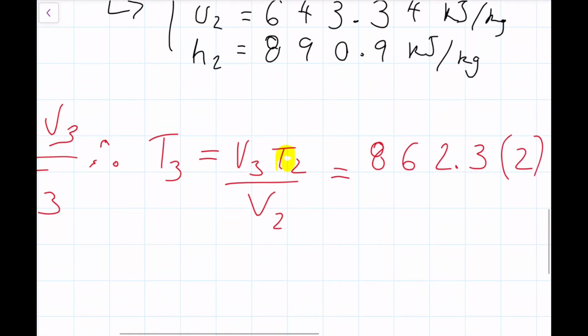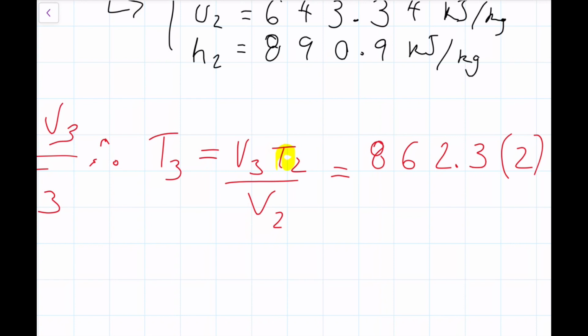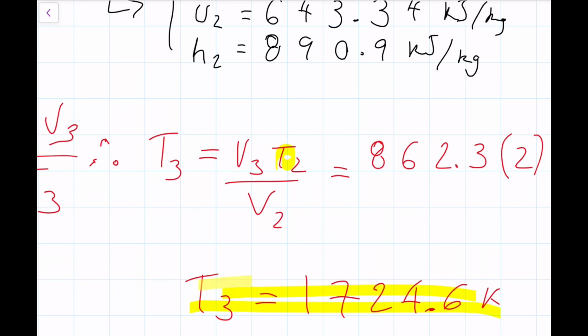Right, so that means that our T3 is just 2 times that. That's 1724.6 Kelvin. Brilliant, we got part A already. That's our T3. That's the temperature after the heat addition process. Done. Awesome. Next part. What's the thermal efficiency?